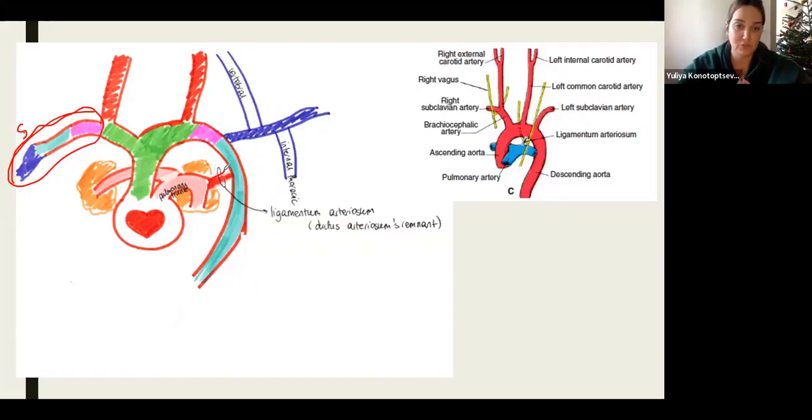So I repeat, how does your ductus arteriosum close? With the help of the bradykinin. Who makes this bradykinin? Lungs, the smooth muscle cells in the lungs.